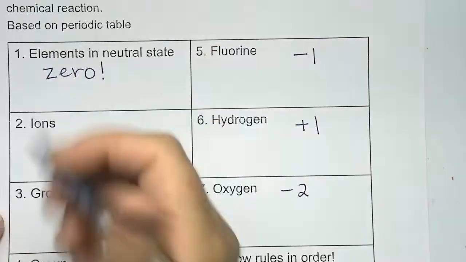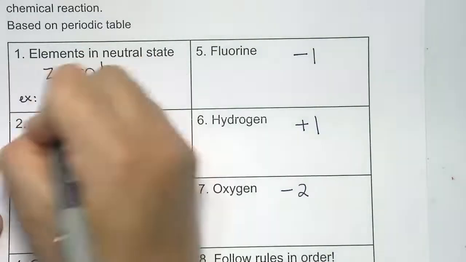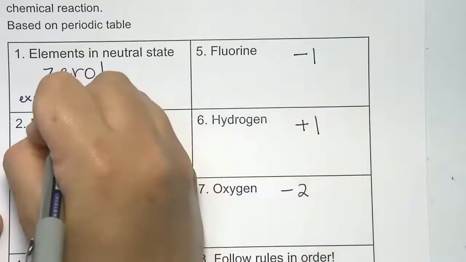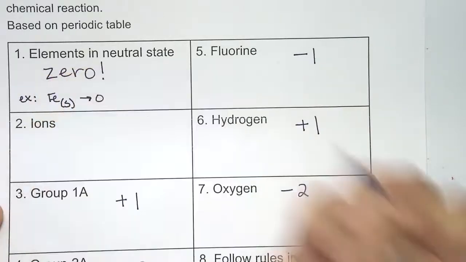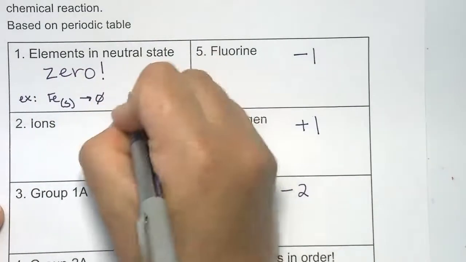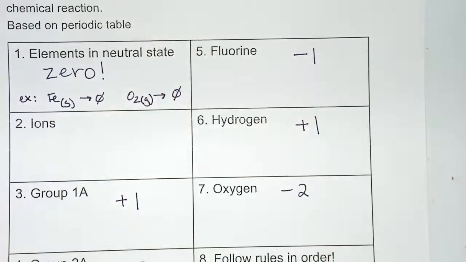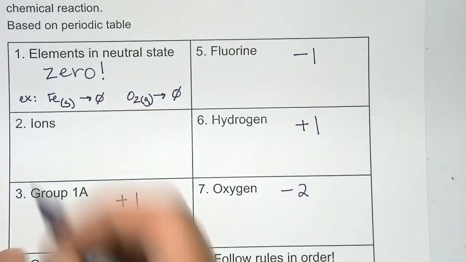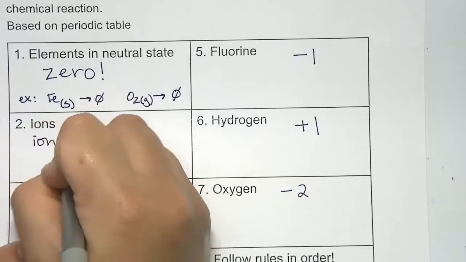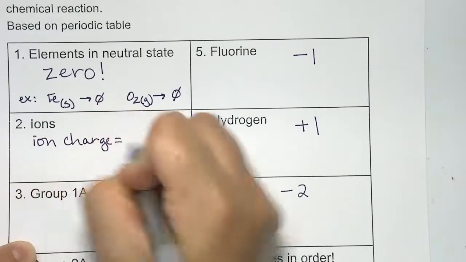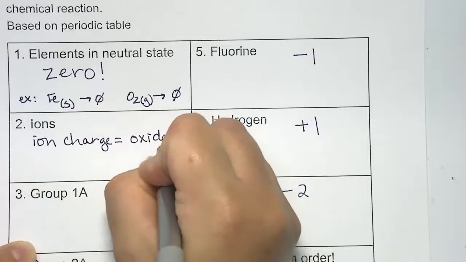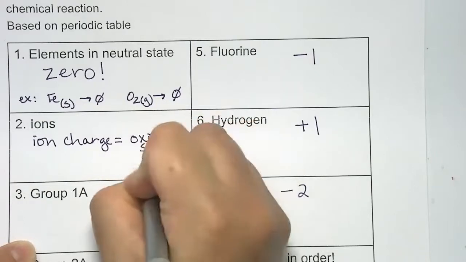So anything by itself. For example, iron as the solid has an oxidation state of 0. Oxygen as the gas has an oxidation state of 0. Ions, the ion charge is the same as the oxidation state. So there's nothing you have to do fancy there.